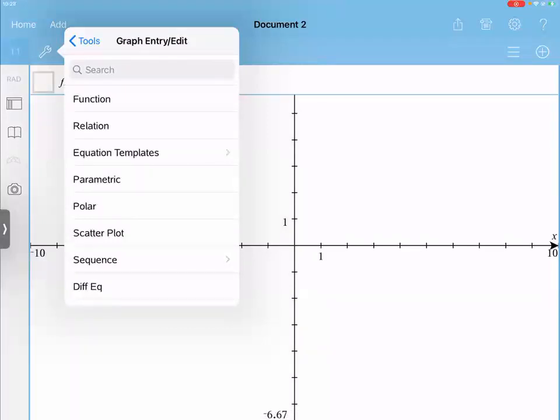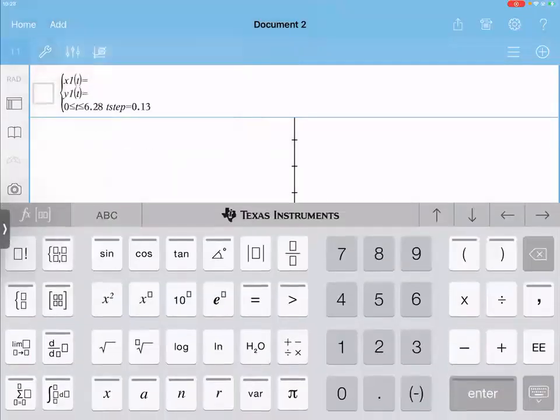We're doing parametric, so you choose the parametric equation option. If you have an equation already inputted, you can just clear it. Type the equation we just had: x would be 150 cosine of 18 degrees times t. Make sure you put in t, not x, because this is x in terms of t.